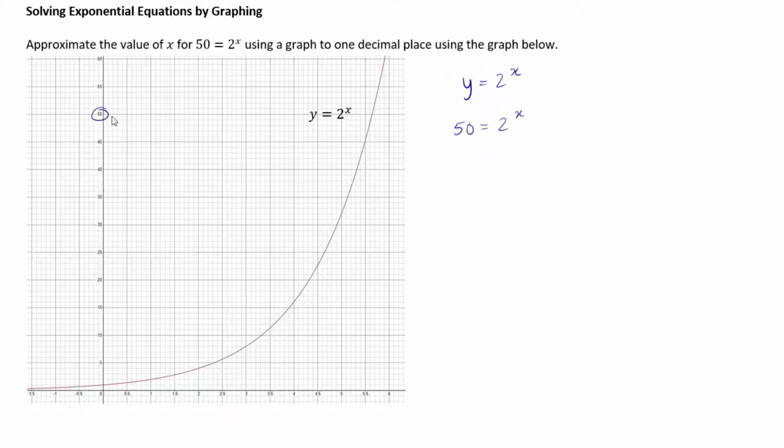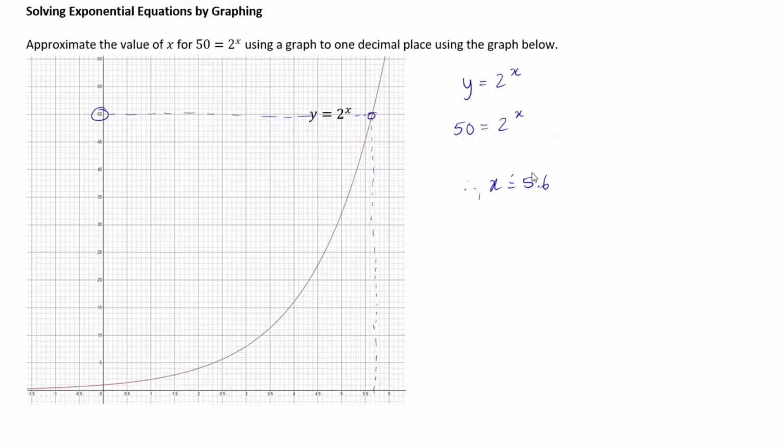So I look at 50, I go across, I find that value on the curve, and then I go down to the x-axis. That will give me the exponent on 2 that would cause the y value to be 50. And so therefore, if I read this off the graph, I say that x is approximately equal to about 5.6.